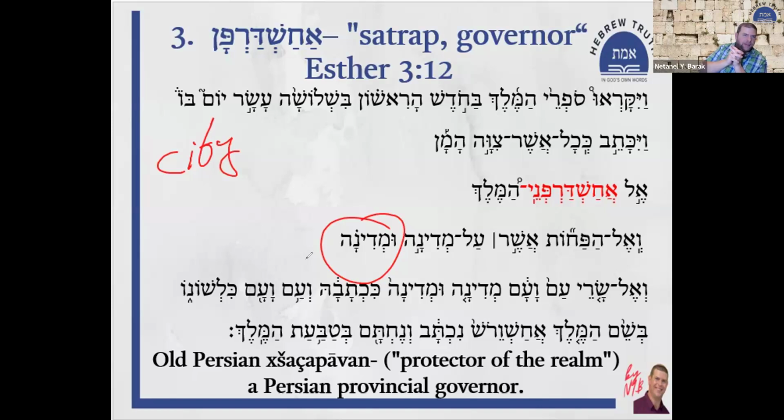The name of the place is Yathrib. It became known as the city of the prophet because Muhammad immigrated to that city in the year 622. So in Arabic Medina means city. In biblical Hebrew, it means province.